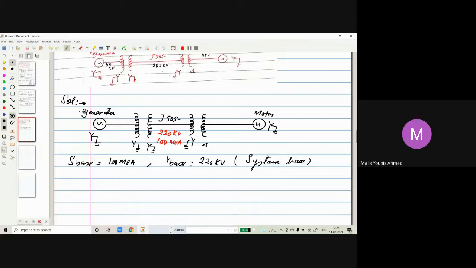This is the system base. The MVA base, I will again repeat, will remain the same in all sections, throughout all sections of the power system.